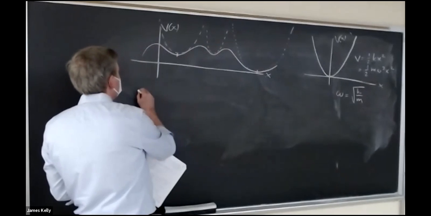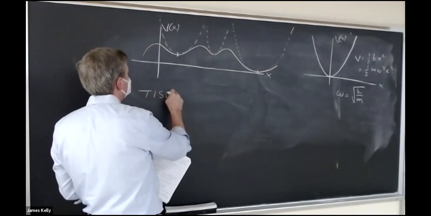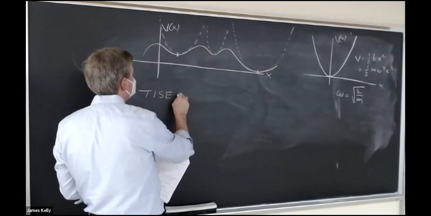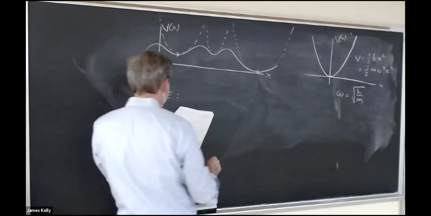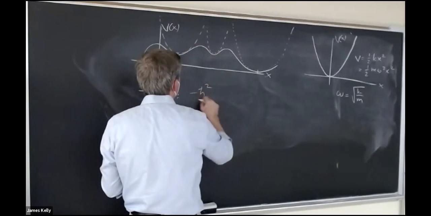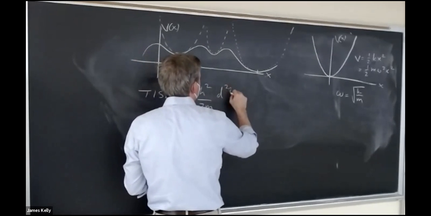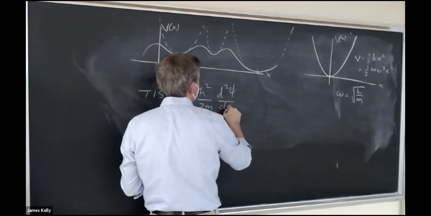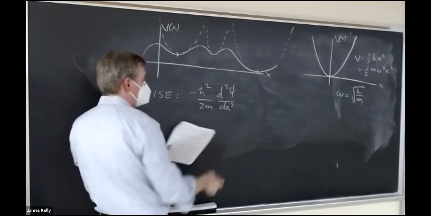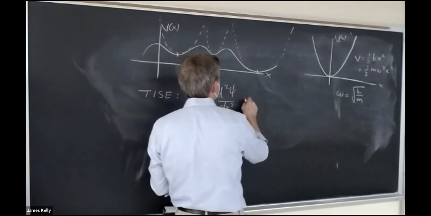And so our goal, as always, just like when we started out before, is to try to solve the time-independent Schrodinger equation with this potential. Let's just write down the whole thing. Minus h bar squared over 2m. Remember, it's an ordinary differential equation for a function of one variable, right? That's what ordinary means.